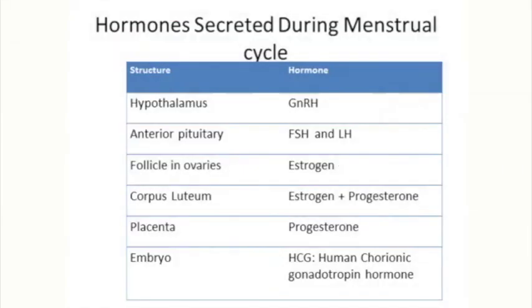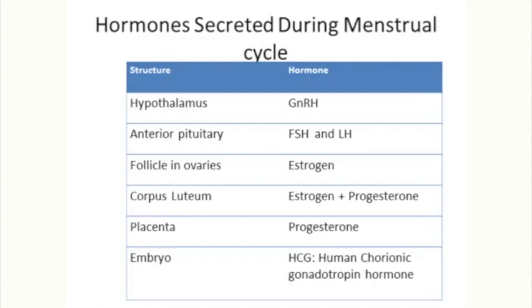So to sum it up, for the menstrual cycle we need to remember the following structure: the hypothalamus that secretes GnRH hormone, the anterior pituitary that secretes FSH and LH, and the ovaries that secrete estrogen and progesterone. I forgot to mention that FSH and LH are known as gonadotropin hormones.